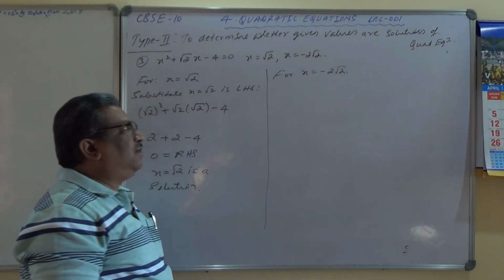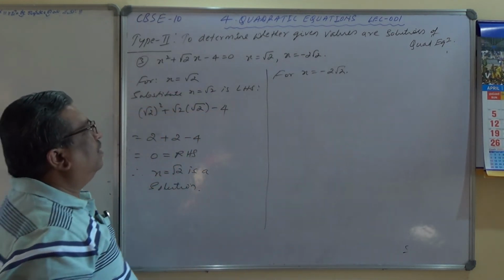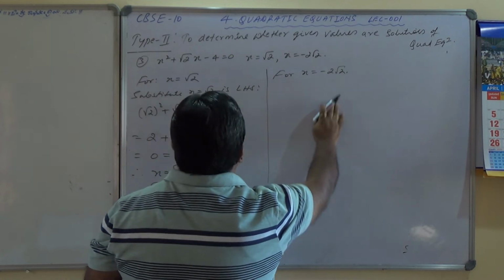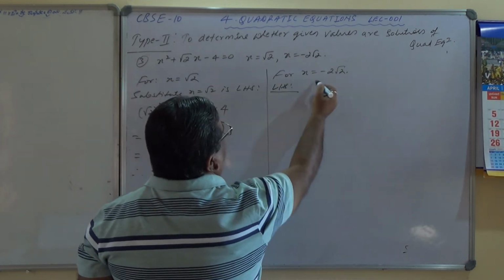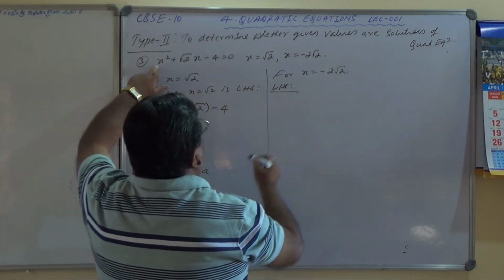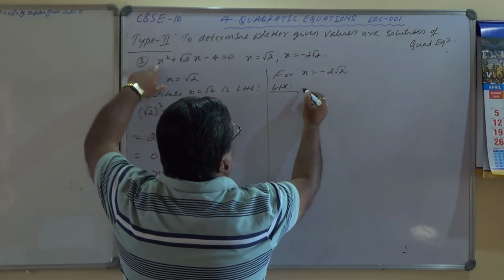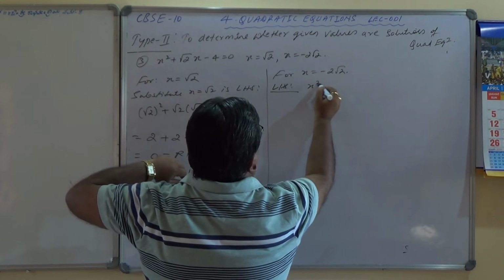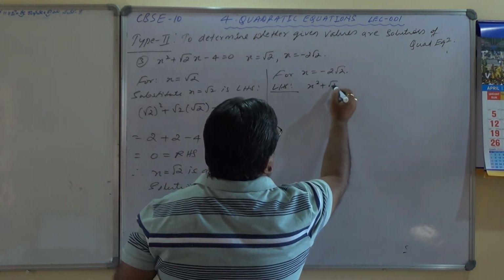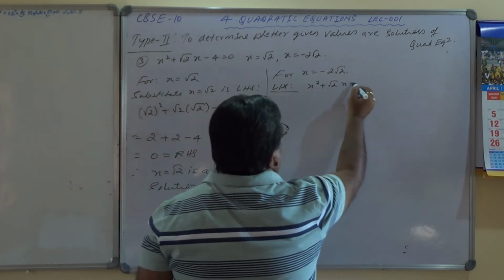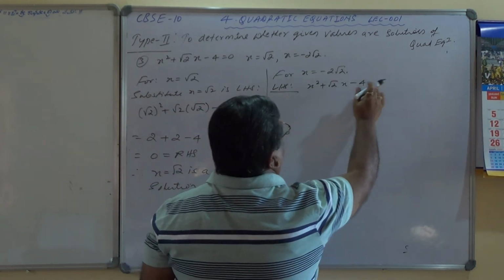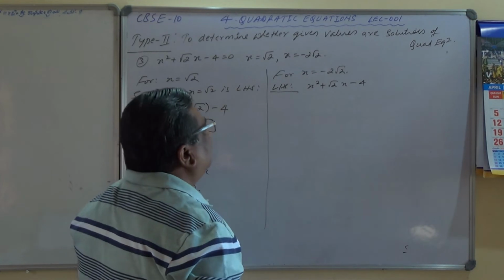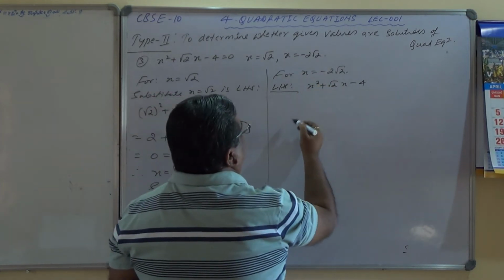Let us check for x equals minus 2 root 2. So you have to substitute this in LHS. The LHS, once again I write for our information, is x square plus root 2 times x minus 4, not equals 0. LHS is this much. So substitute the value of x in this.